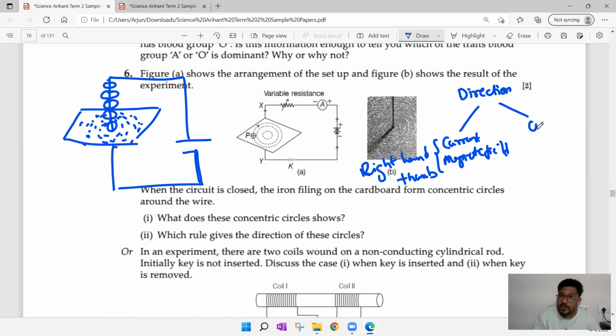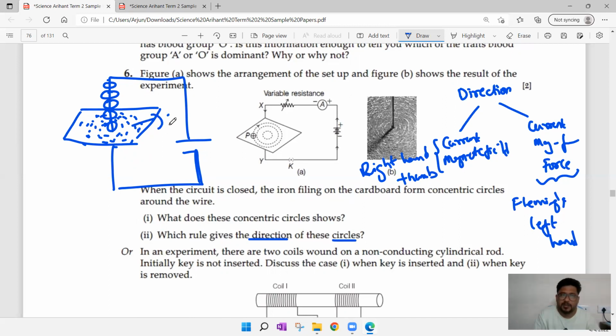If they're talking about the direction of current, direction of magnetic field and direction of force, if all three things are included, then the answer is Fleming's left hand rule. Now they're talking about the direction of circles, which simply means the magnetic field.